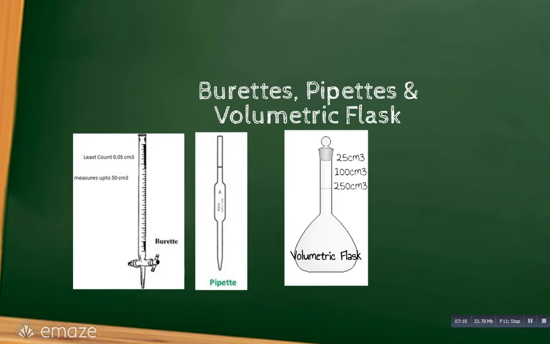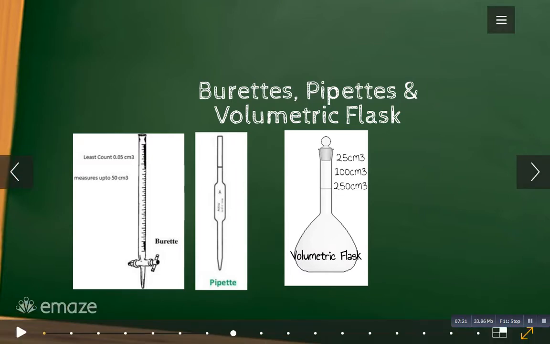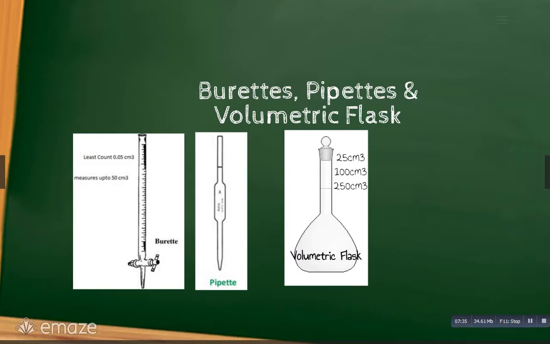So the volumetric flask can be of 25 centimeter cube or of 100 centimeter cube or of 250 centimeter cube. So the volumetric flask is used to prepare a solution of a certain concentration. The concentration might be anything. So these are the three apparatus used in titration.